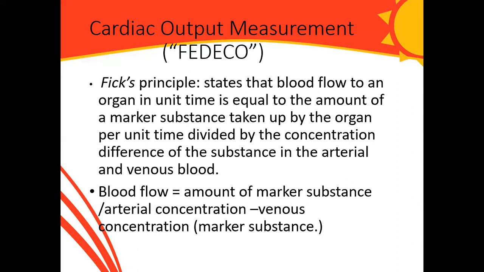So once you inject the marker substance and you measure it, the blood flow is the amount of the substance that is taken up by the blood divided by the difference between the arterial and venous concentration of that marker substance.